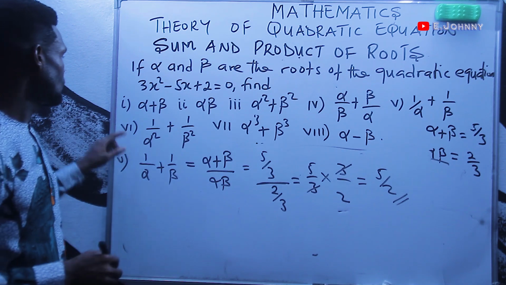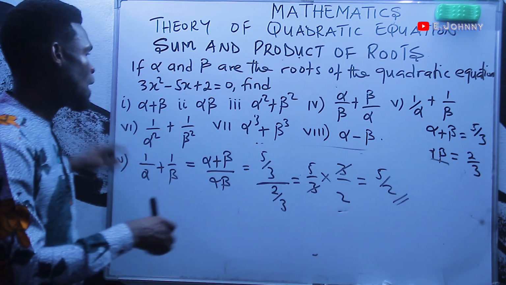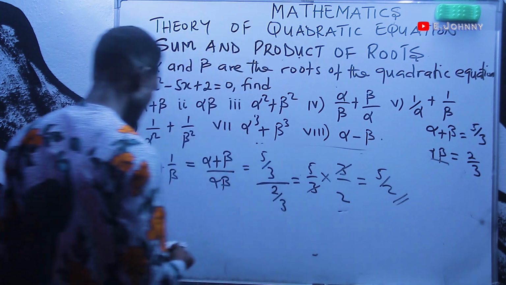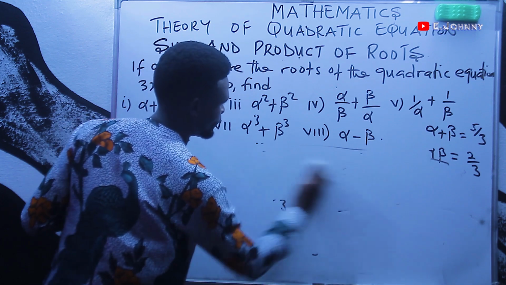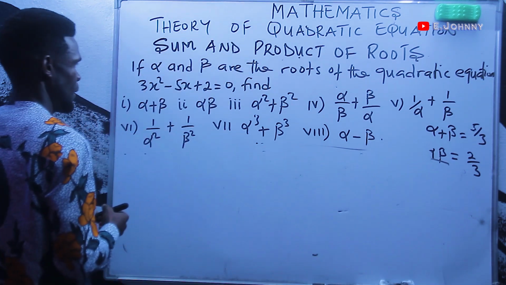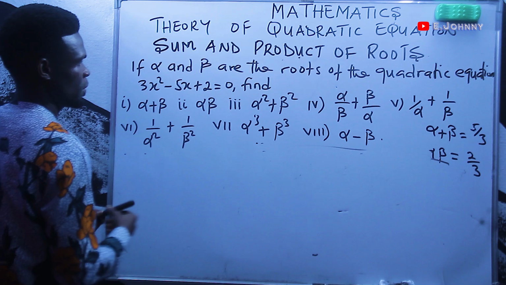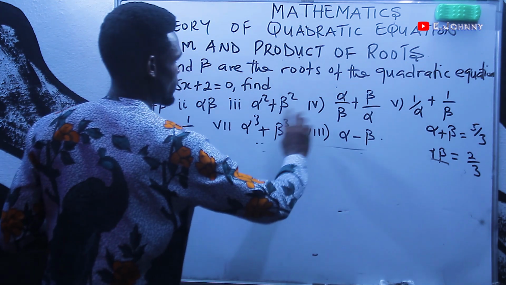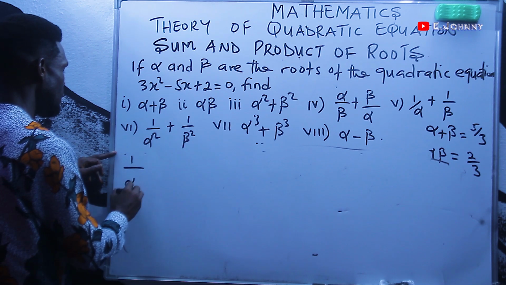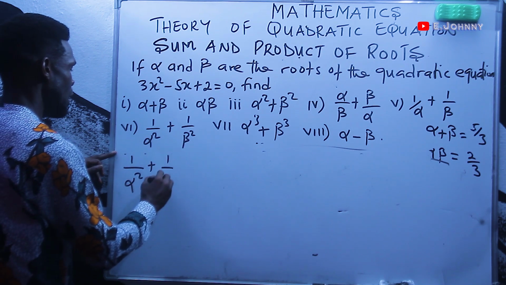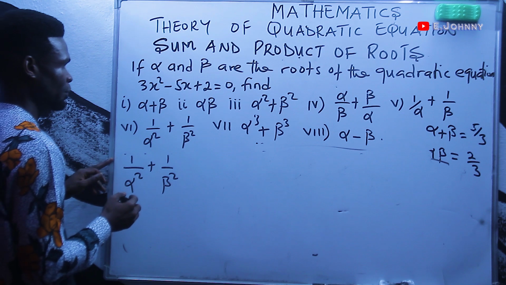And then VI says we should find 1 over alpha square plus 1 over beta square.